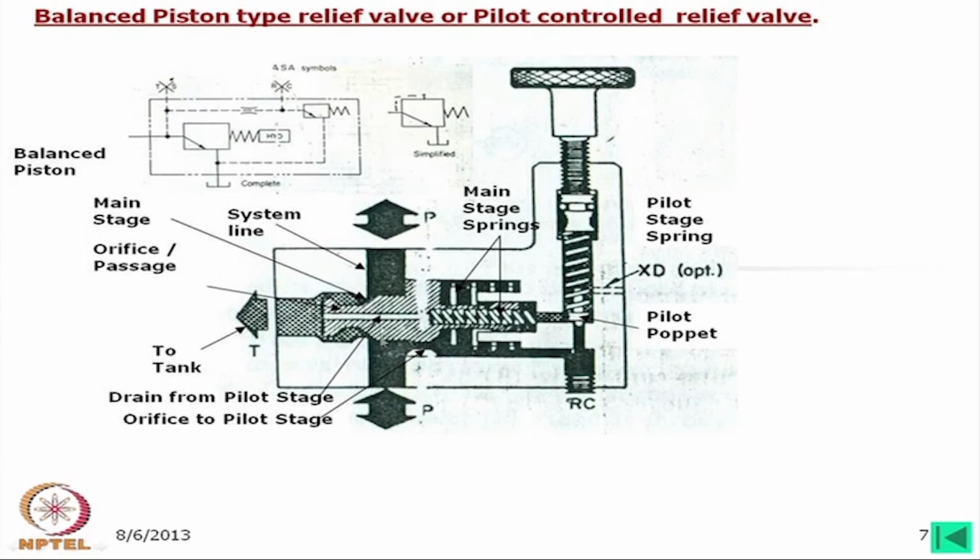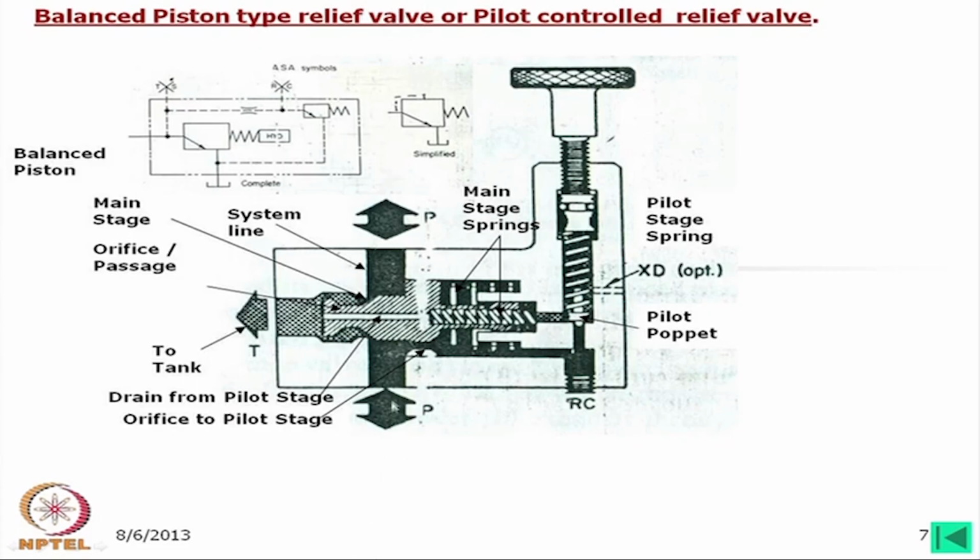So, this is the flow path. Usually you will find the body of this valve has one port here and another port here, which are normally threaded, and you can connect one pipe here and another pipe here, directly connected to the system line.